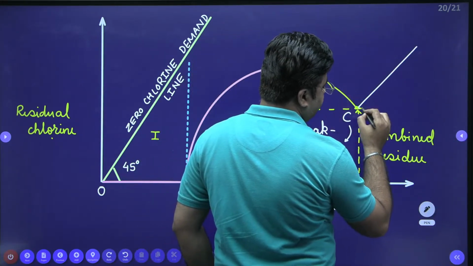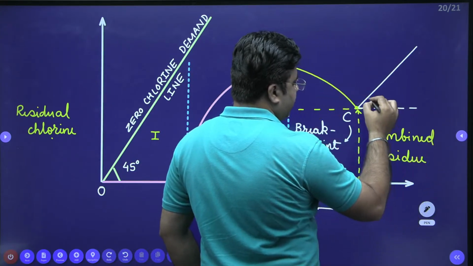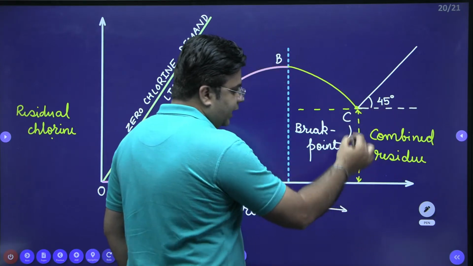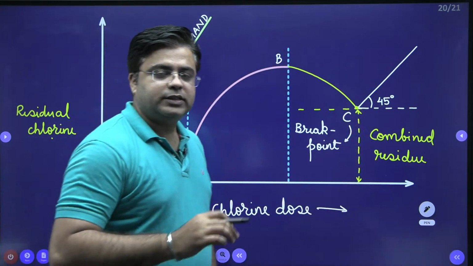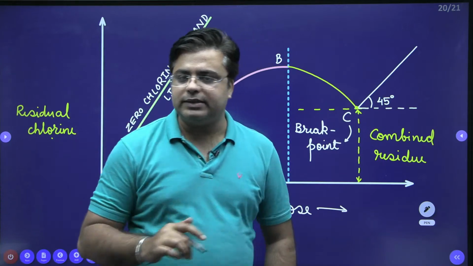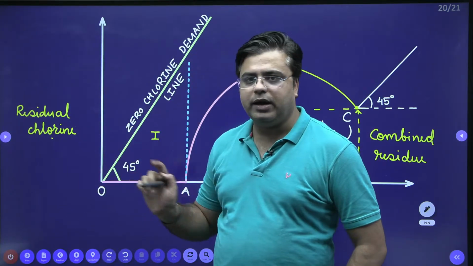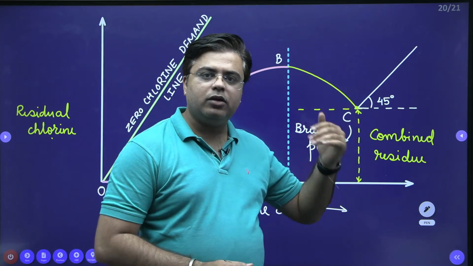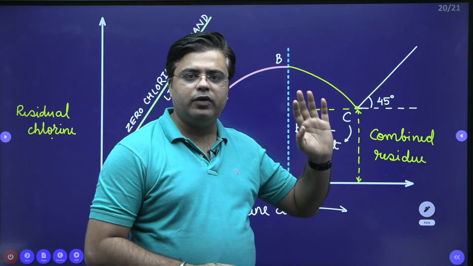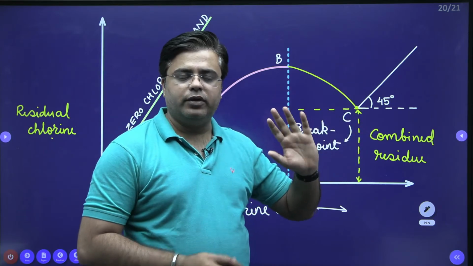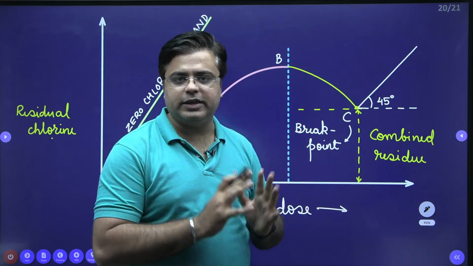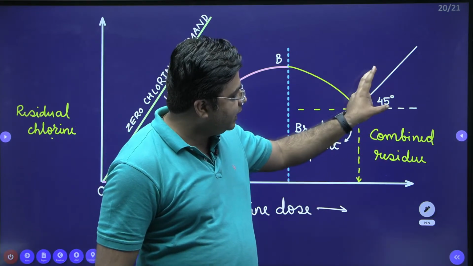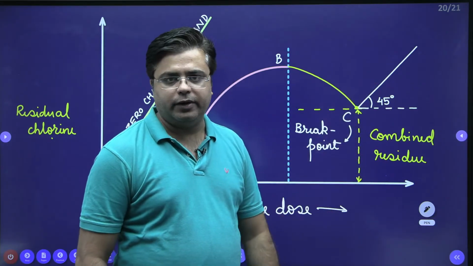And this angle is again 45 degrees, because at break point the situation is again the same as that of the zero chlorine demand line. At breakpoint, all the microorganisms are killed, all the inorganic matter is removed, all the organic matter is removed. Now your water is free from all three things. So whatever chlorine you add now will be directly converted into residual chlorine.